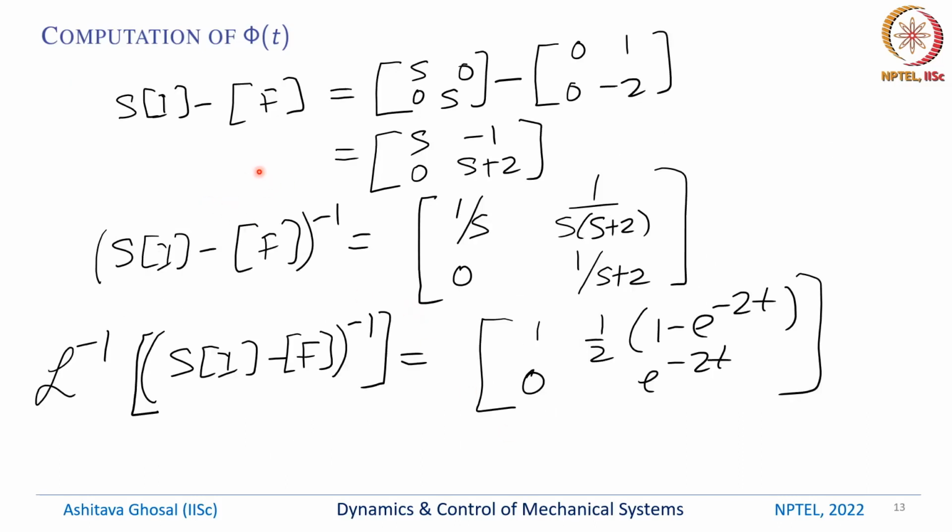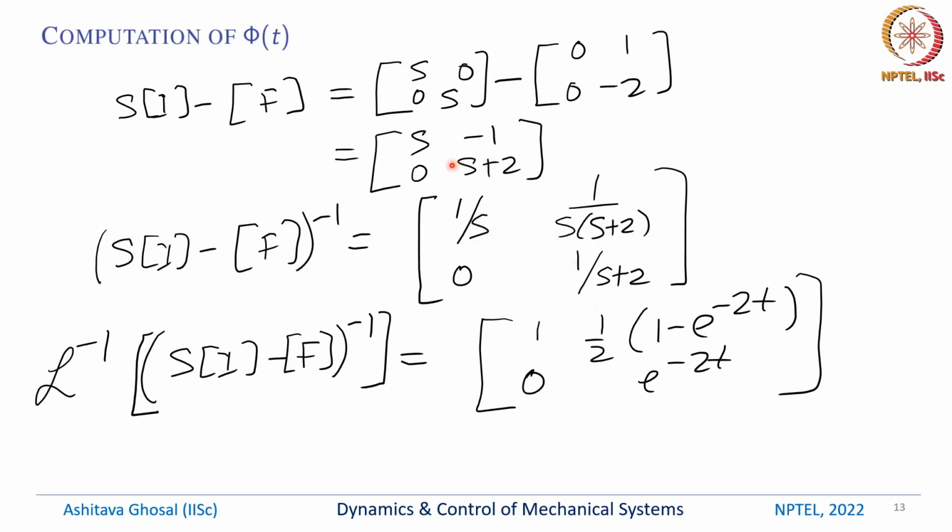So what is sI minus F? S into I is S, S on the diagonal and 0 elsewhere, where I is the identity matrix. Minus F is 0, 0, 1, minus 2 with signs changed. If you simplify this, you will get s, 0, minus 1, s plus 2. So (sI minus F) inverse will be 1 by s, then 1 by s into (s plus 2), and 1 by (s plus 2).